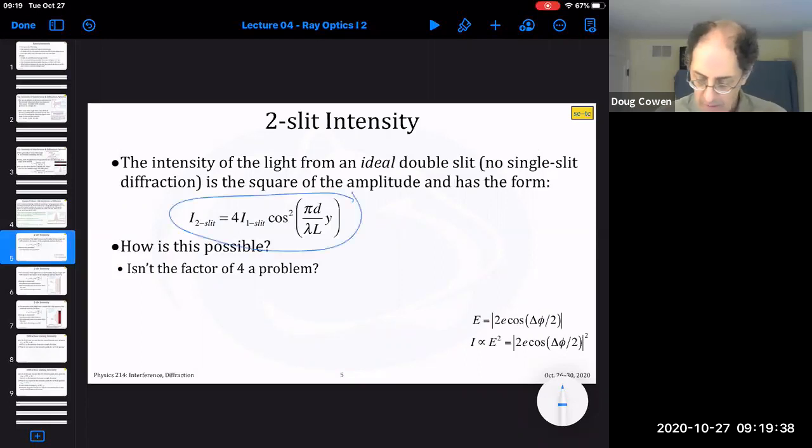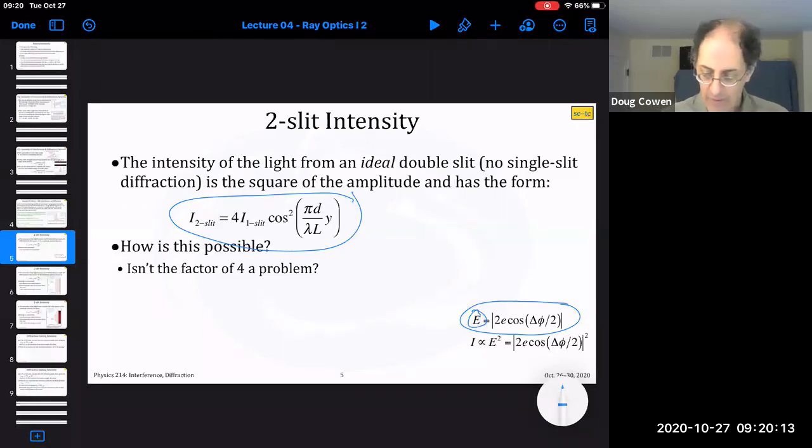I'll remind you that the amplitude we wrote down earlier, and it's derived in the text, looks something like this, where E was the magnitude of one of the phasors, and then they had a phase difference of delta phi between them, and so the resultant phasor labeled E had a magnitude or a length that was given by that expression there. And then we square that in order to find something proportional to the intensity.